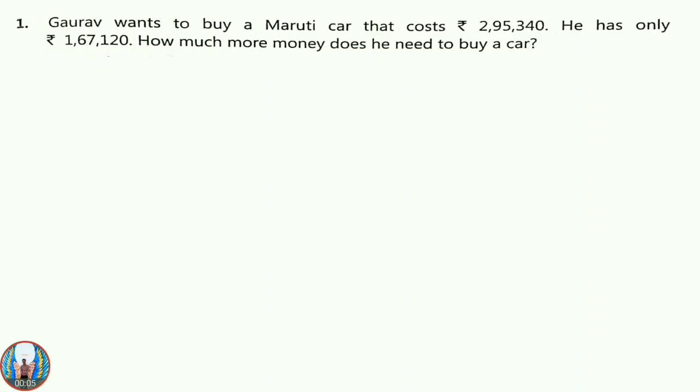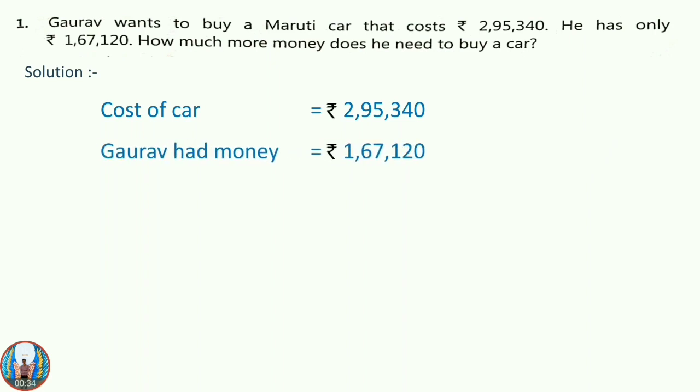Gaurav wants to buy a Maruti car that costs 2,95,340 rupees. He has only 1,67,120 rupees. How much more money does he need to buy the car? Solution. Cost of the car is 2,95,340 rupees, and Gaurav had 1,67,120.